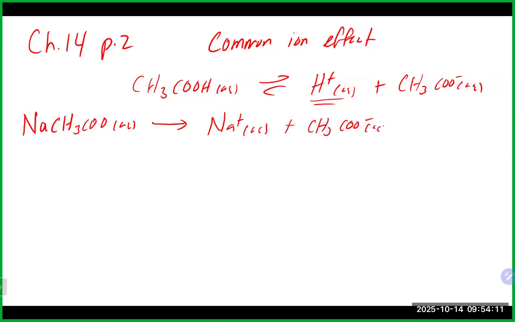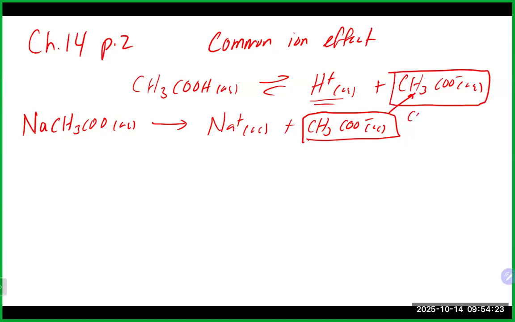The acetate is the common ion that appears in the equilibrium equation. Le Chatelier's principle tells us that since we're essentially adding more acetate to this equilibrium, it will cause a shift in equilibrium to the left.